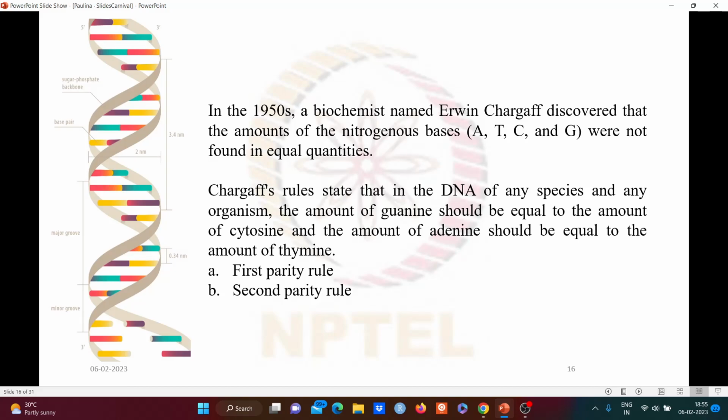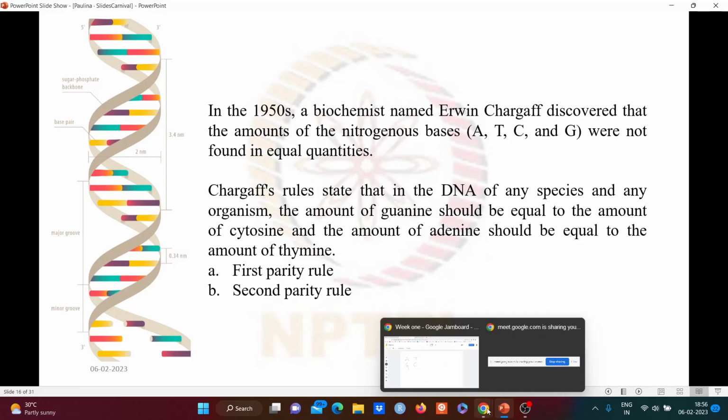Further, a 1:1 stoichiometric ratio of purine and pyrimidine bases, that is A plus G equals T plus C, should exist. He also mentioned two rules, the first parity rule and the second parity rule. The first rule holds that a double-stranded DNA molecule globally has percentage pair equality, that is the percentage of A equals the percentage of T, and the percentage of G equals the percentage of C.